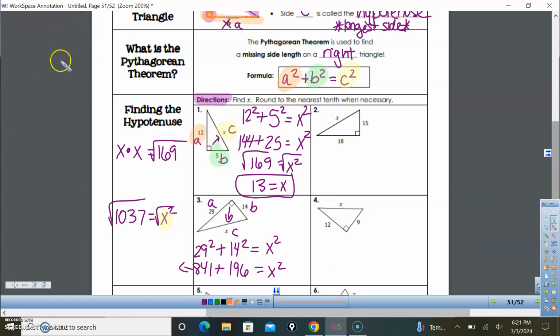On your calculator, you should hit second, and then hitting the x squared button now should bring up your square root symbol. Go ahead and type in 1037 and hit enter.